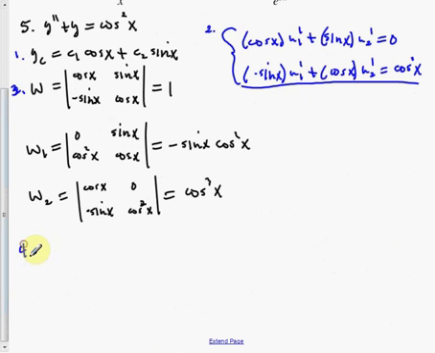Step 4 is the so-called u sub 1 prime is equal to W sub 1 divided by W. So W sub 1 is divided by 1, so we just write negative sine x cosine squared x.